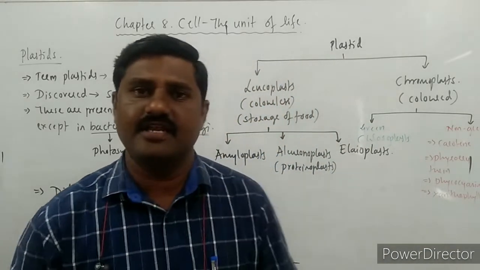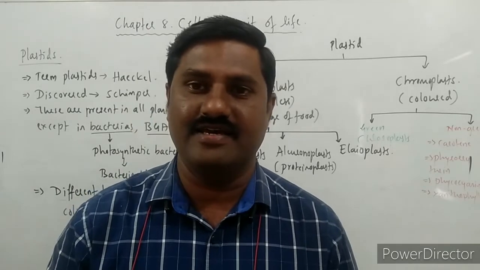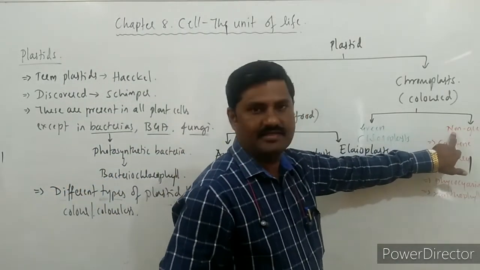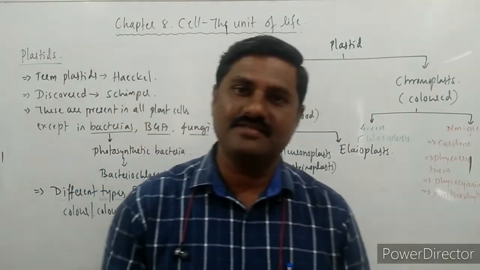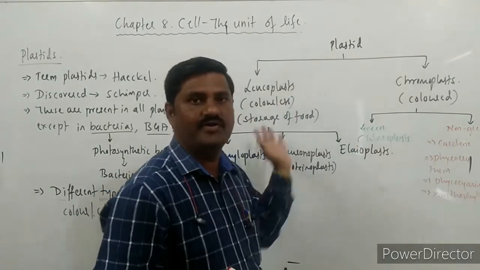These are different colored pigments that we come across. So other than the green color, they are present under the non-green pigments, right? So this is how basically the plastids have been classified.